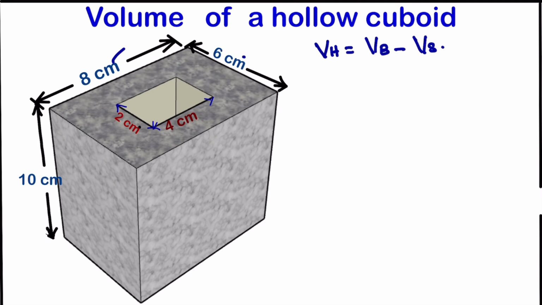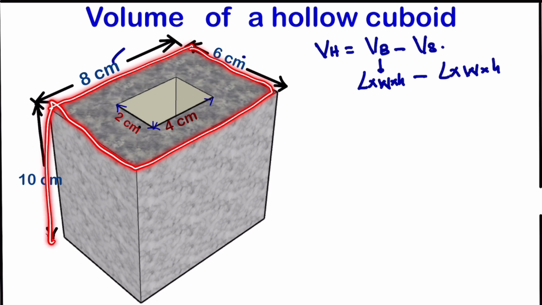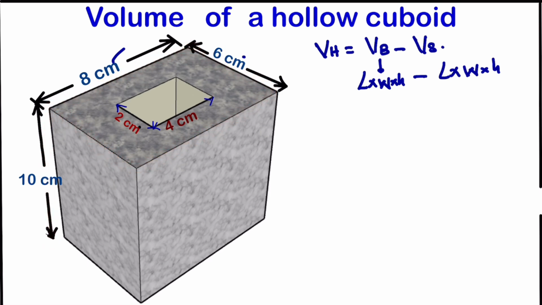So we know that volume is also length times width times height minus length times width times height. If we consider the big cuboid, we are going to have our dimension for the big one: the length times the width times the height.